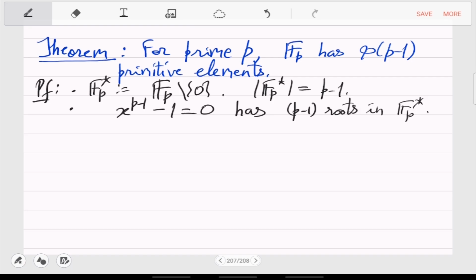What we want to show is the existence of primitive elements that are roots here. This is Fermat's little theorem.